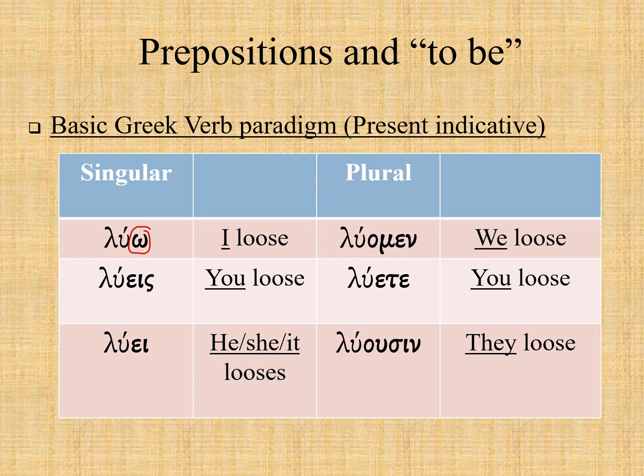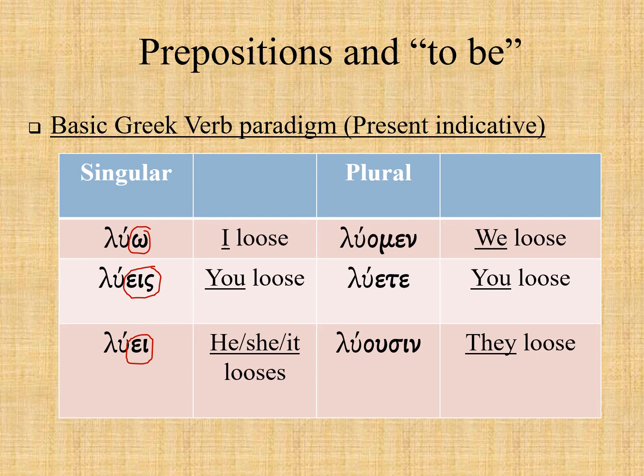So I lose. Then when we go to the next example, lueis, you lose. Again, you can see that the ending indicates that it is you singular, not singular and plural as in English, but you singular. Next one, we have luei, and again, the epsilon iota indicates that it is he, she, or it loses.